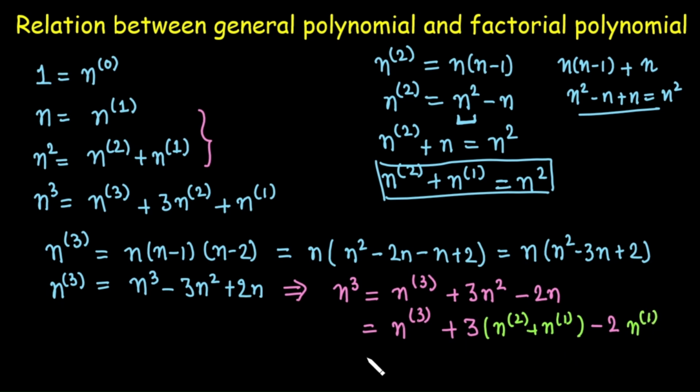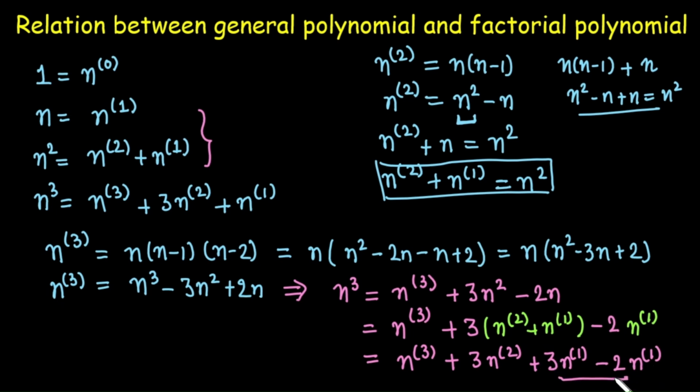Simplify this. This is equal to n raised to power 3 factorial polynomial plus 3 times of n raised to power 2 factorial polynomial plus 3 times of n raised to power 1 factorial polynomial minus 2 times of n raised to power 1 factorial polynomial.